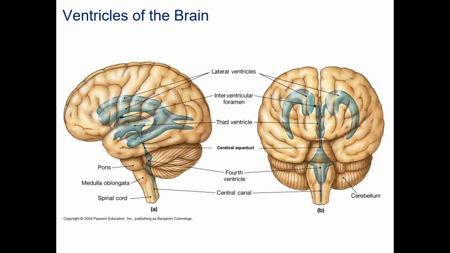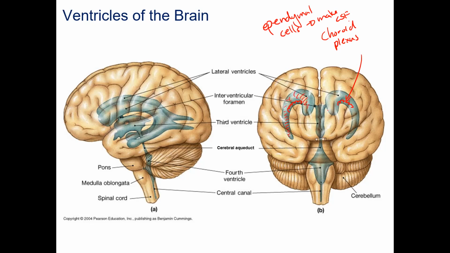Inside these lateral ventricles, you have a spongy structure, which we call the choroid plexus. In the choroid plexus, you have special cells called ependymal cells that make CSF, as we discussed earlier. When the choroid plexus makes the CSF, it fills up the lateral ventricles.